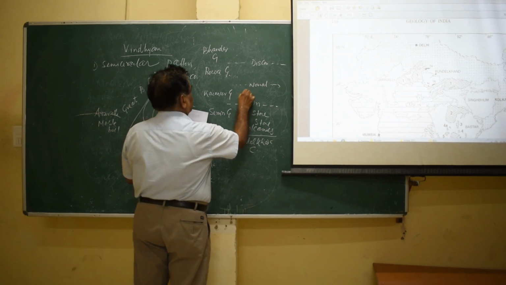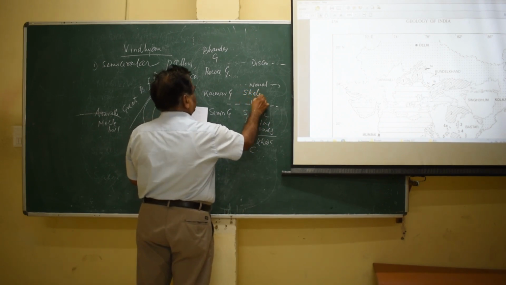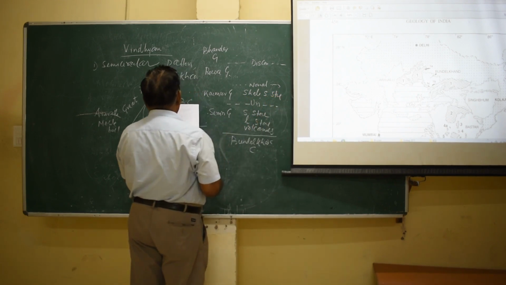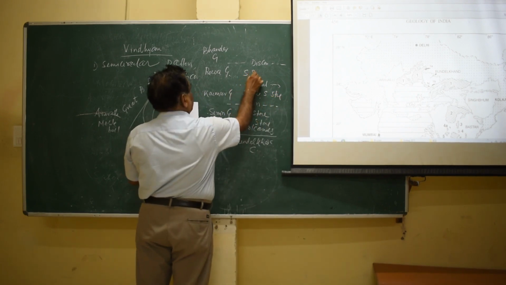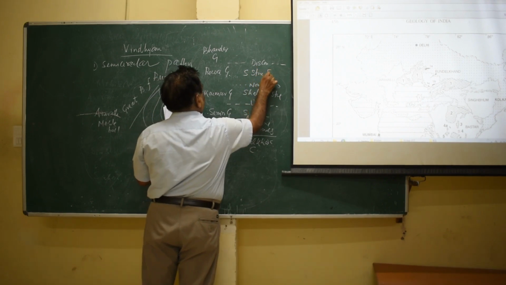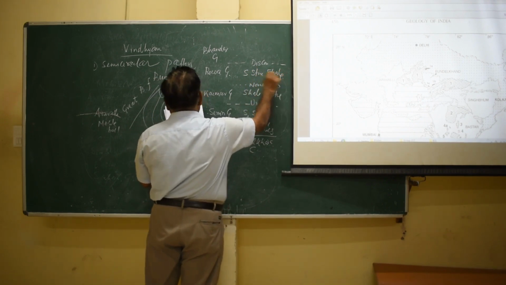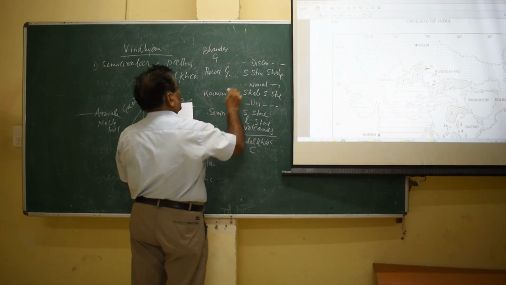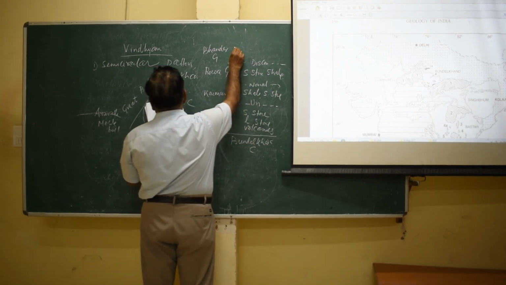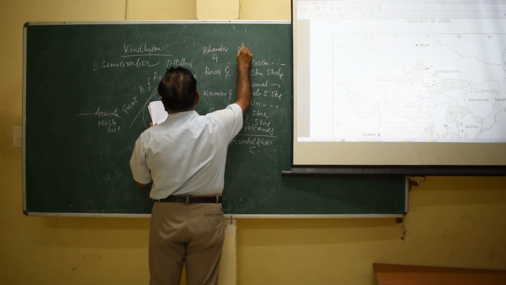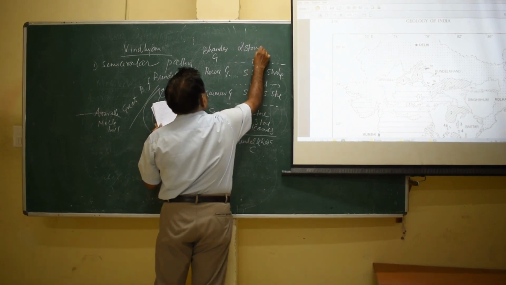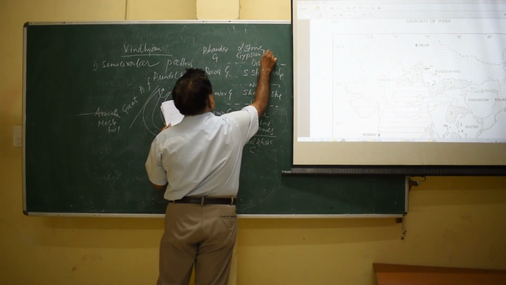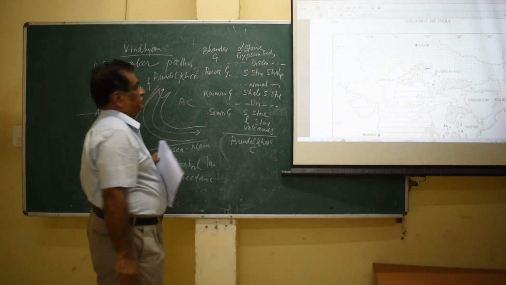Then here's shale and sandstone. Kaimur. Then Rewa, sandstone and shale. Then this Bhander is having limestone, gypsum bearing beds.